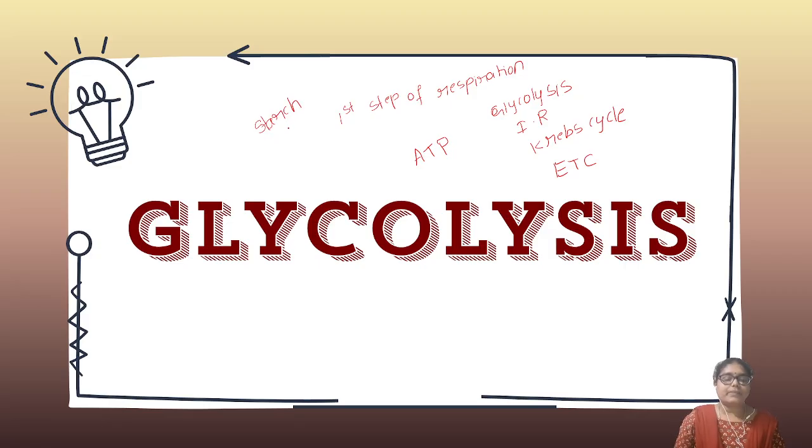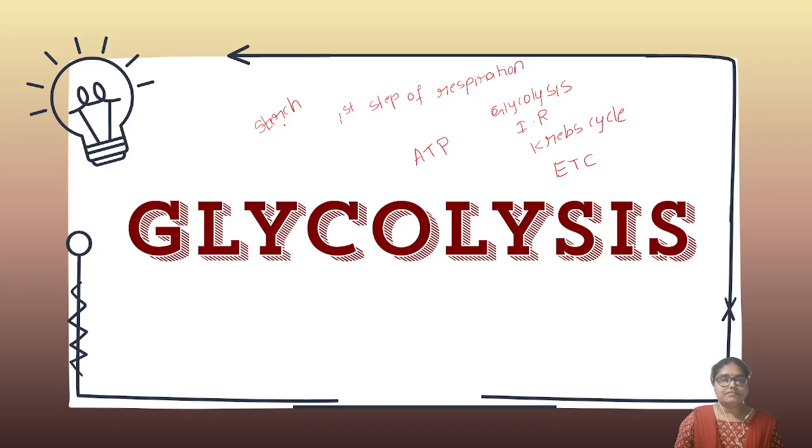Starch is prepared by the plant through photosynthesis and stored in the form of starch. This starch is ingested by human beings or animals.